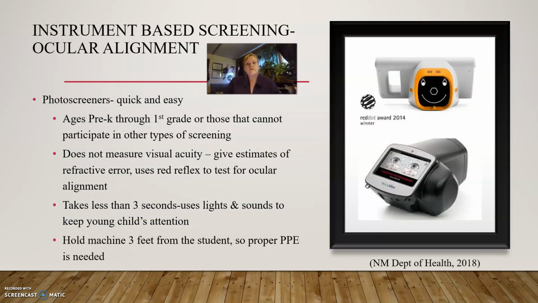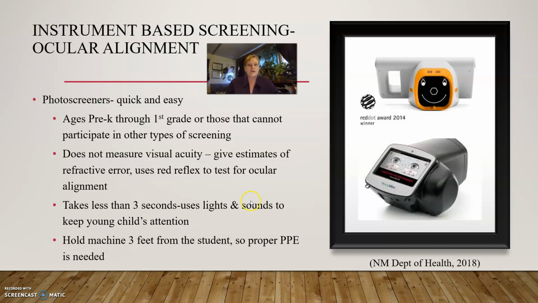We can also use instrument-based screenings for checking ocular alignment, photo screeners. It's a quick and easy way to check ages pre-K through first grade, or for those that cannot participate in other screenings. It uses lights and sounds to attract the student's attention. It takes less than 3 seconds.